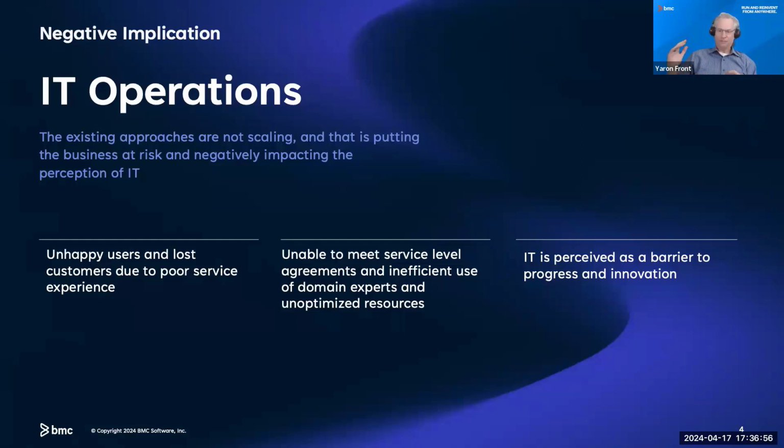Spending goes up, productivity goes down, because you have your best people busy chasing issues and outages. IT is looked at as a barrier to doing business instead of as an engine for innovation and growth, which we all know that's where IT should be.